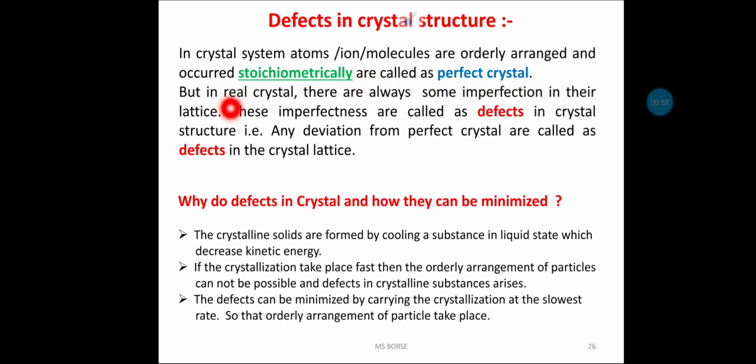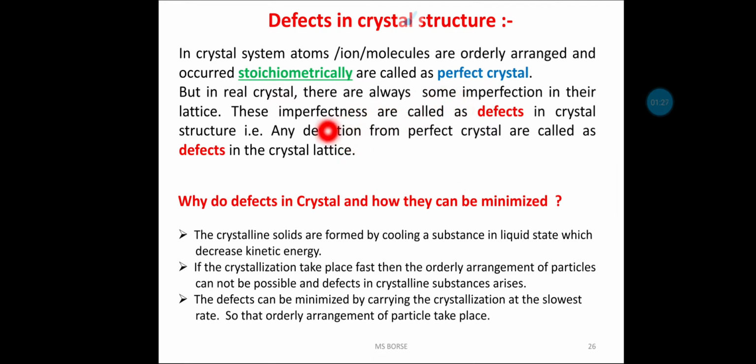But in real crystals, there is always some imperfection in their lattice. This imperfection is called a defect in the crystal structure. That means any deviation from perfectness in the crystal is called a defect in the crystal lattice.